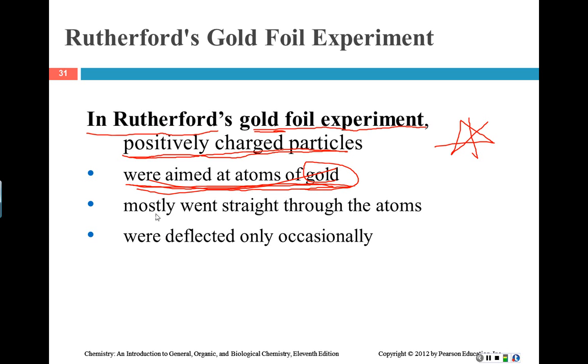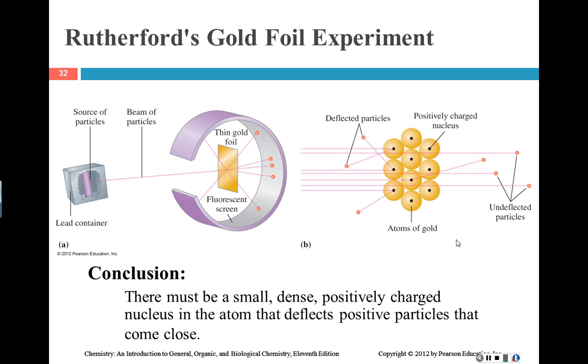Most of these positively charged particles went straight through the atoms that he was shooting them at, but some were deflected, but only occasionally. So what that told him was that there must be a small, dense, positively charged nucleus in an atom that would deflect those positive charges.